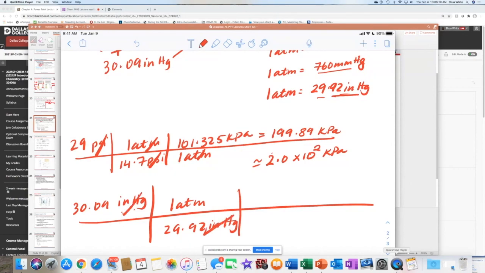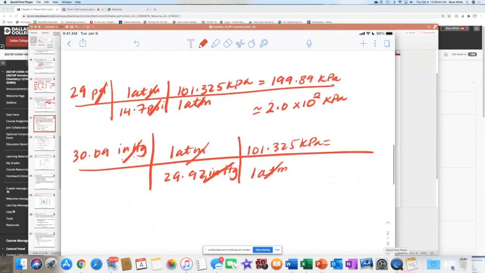To me, atmosphere is like that checkpoint that everybody has to go through, kind of like paying a toll when you're going on a highway. All of these conversions have this toll spot. You go and check in. That's ATM for you. Now we're at ATM to get to our desired destination for units. 1 ATM, 101.325 kilopascals, and this cancels out, and we have our answer in kilopascals.